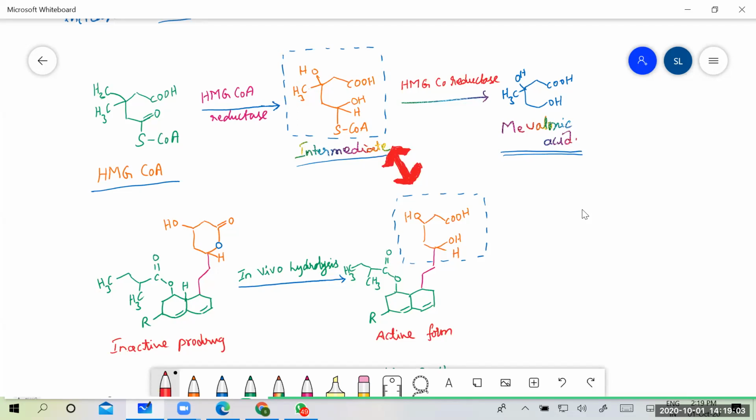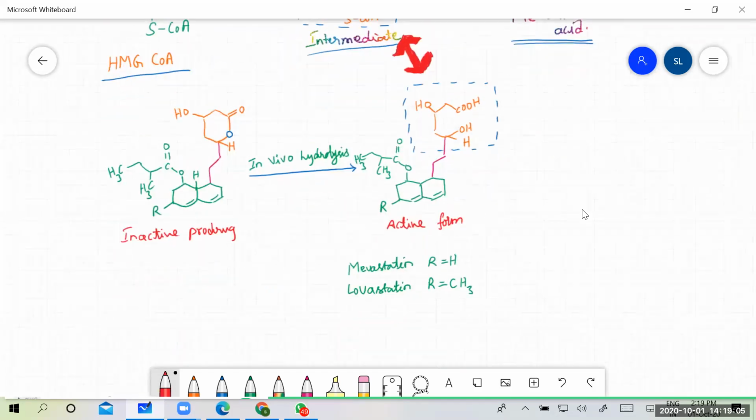When you look into the structure of the drugs, the statins, which we have written here, these are the statins used as HMG-CoA reductase inhibitors. The inactive prodrugs are, for example, mevastatin and lovastatin. We classify these statins in two ways.